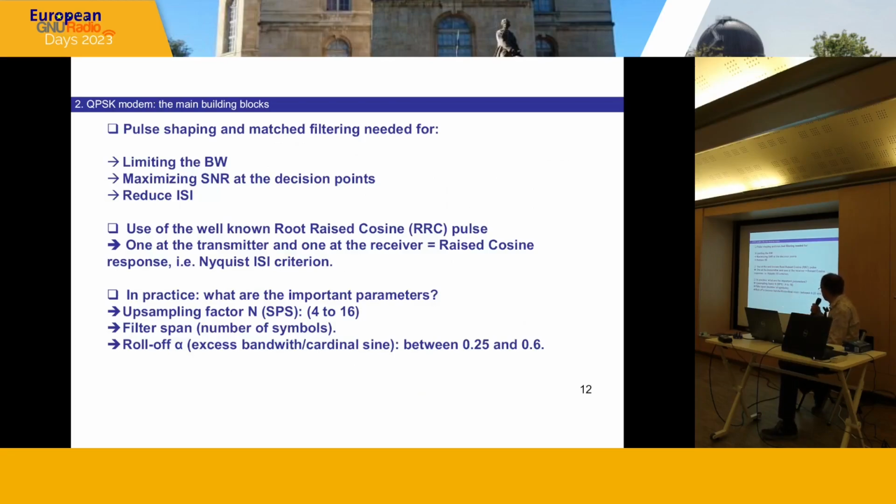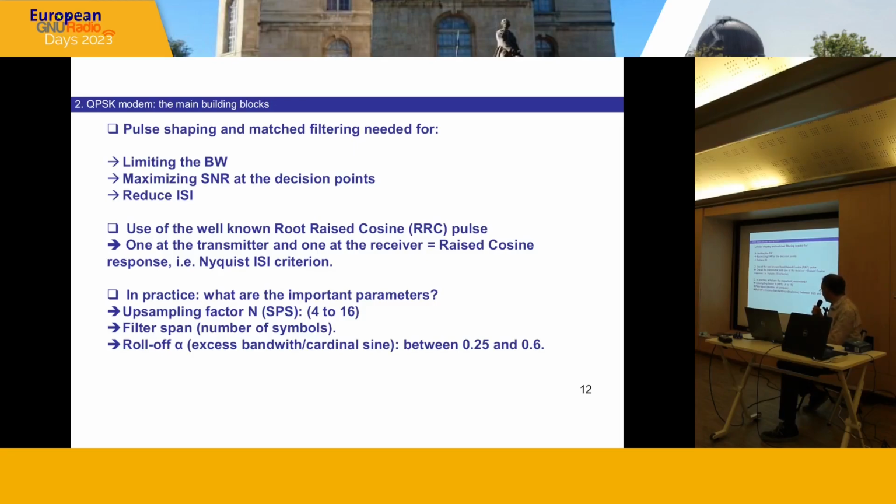So at the end, you've got a raised cosine response for the whole chain. This respects the Nyquist ISI criterion. In practice with GNU Radio, I had some problems with the way the filters are designed, and the documentation is not very clear about that. I'll come back to this afterward.